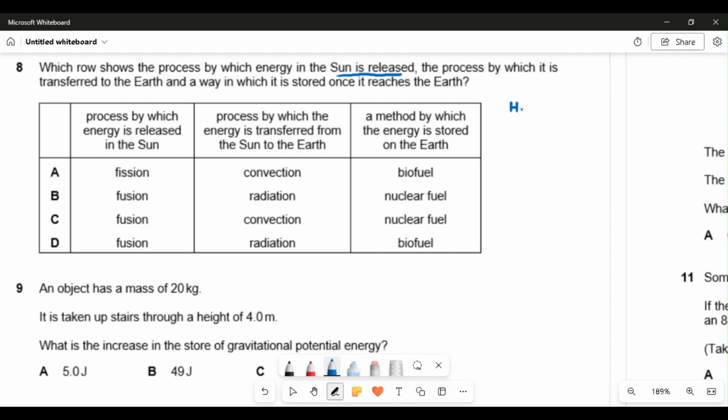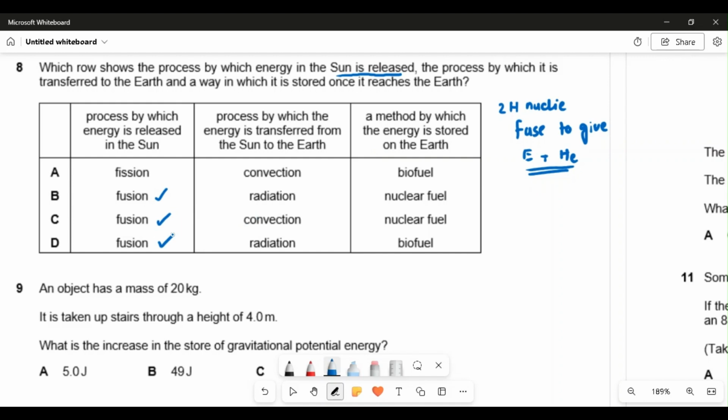So two hydrogen nuclei or atoms fuse together to give huge energy plus helium nuclei. So first, the sun is releasing energy, the process will be fusion, not fission.